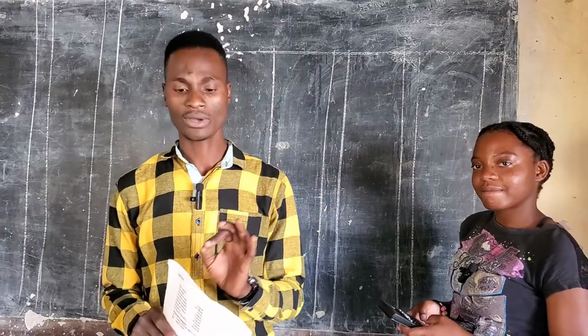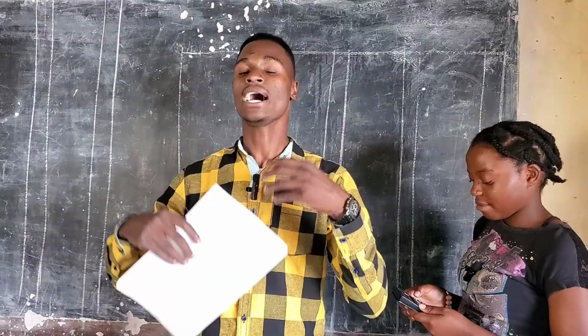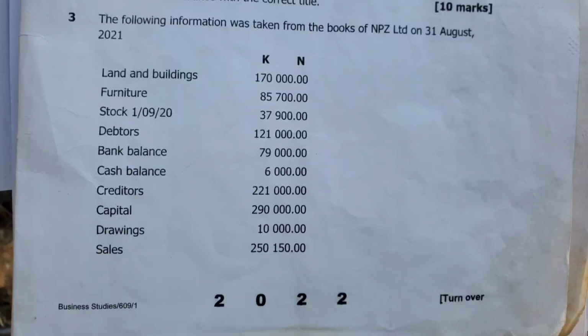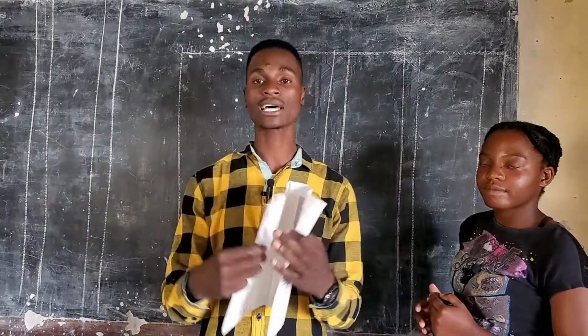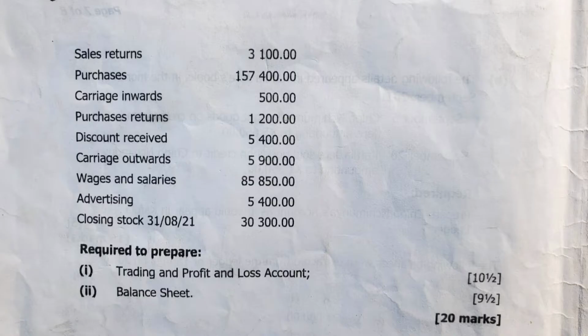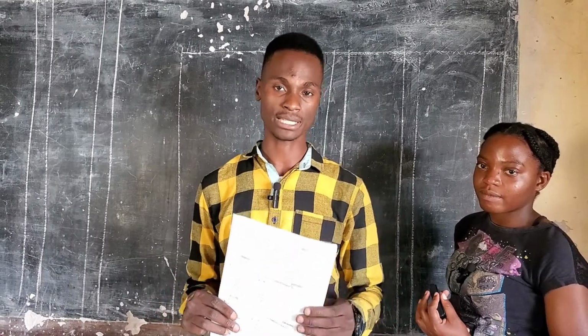In this video, we are going to show you how to prepare the trading and the profit and loss account, including the balance sheet. In other words, we are going to prepare the income statement and the statement of the financial position, which is the balance sheet.